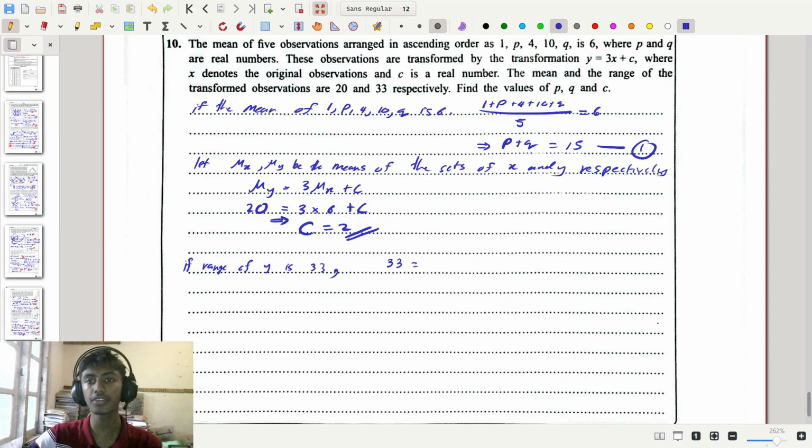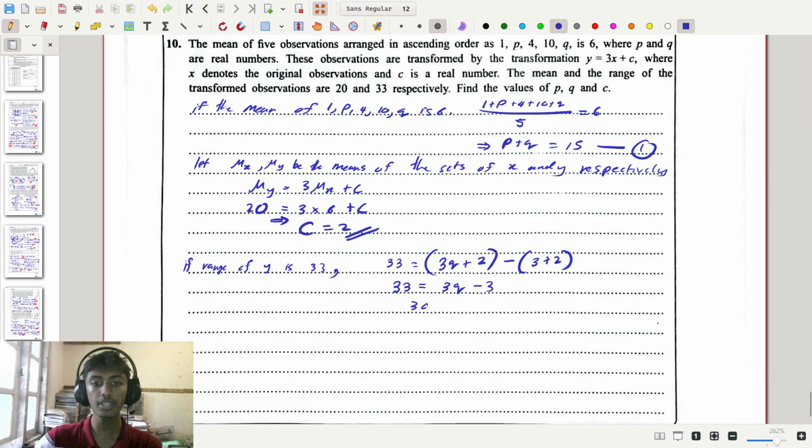The maximum value in the original set, q, is transformed into 3q plus c, which is 3q plus 2, minus the lowest value, which is 1, transformed into 3 times 1 plus c, which is 3 plus 2. If we subtract the 2, the 2 goes out, leaving us with 33 is equal to 3q minus 3.